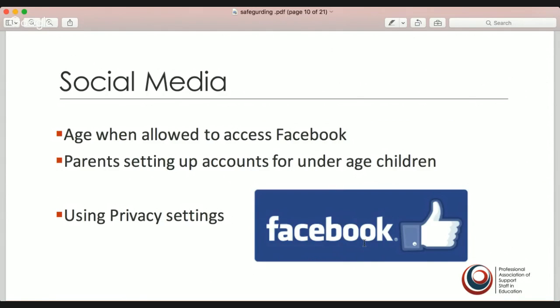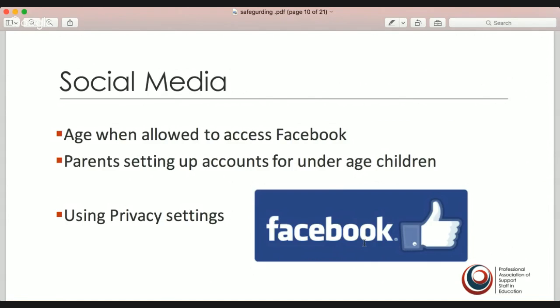But quite often what's happening is that there are young people who are accessing Facebook who are not of the correct age to be able to do so. And in some instances, this has been done by parents who have set up accounts for their children, or more often actually, it's older siblings that are doing it for them.